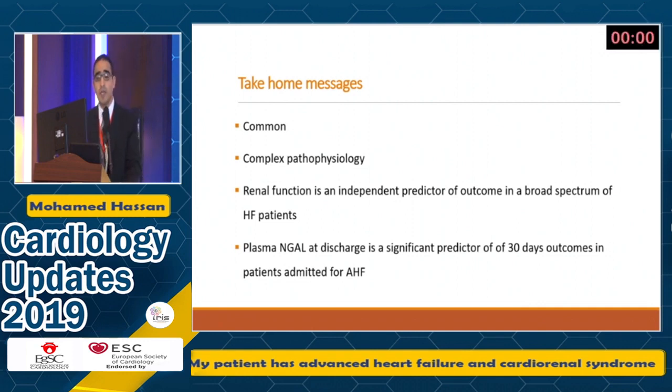Plasma NGAL at discharge is a significant predictor of outcome in patients admitted with acute heart failure. And finally, careful assessment of the renal function and electrolytes, and assessment of the degree of refilling of the intravascular volume with the use of diuretics, is very important to avoid more and more worsening of renal function in those patients. Thank you.